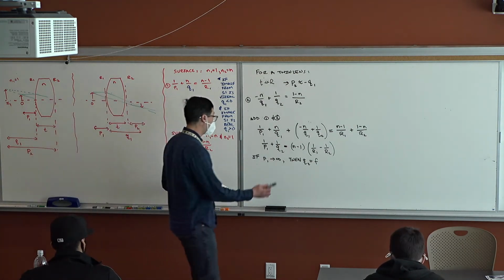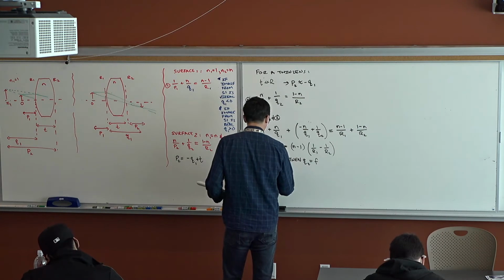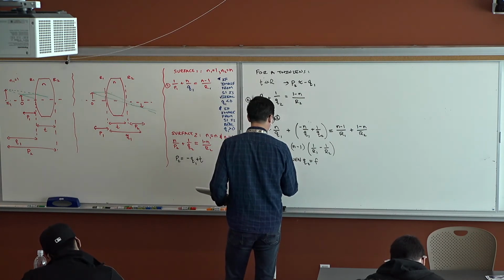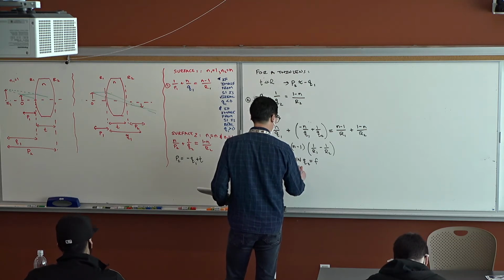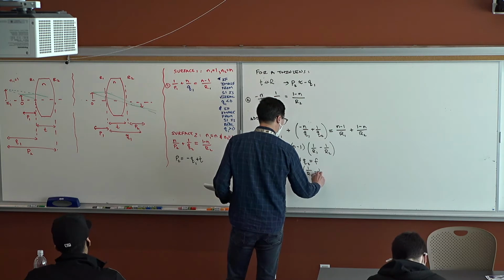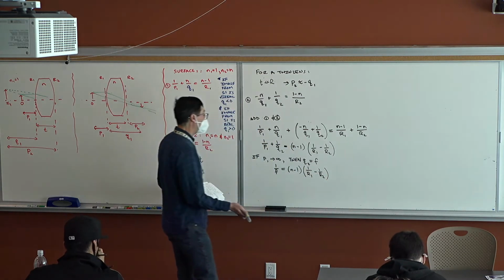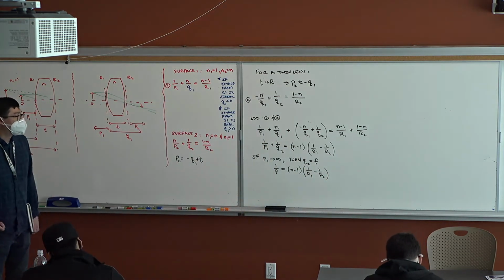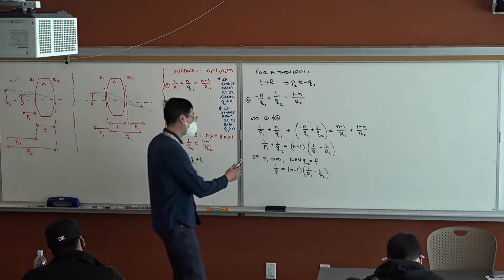And so we could say that 1 over F is equal to n minus 1 times 1 over R1 minus 1 over R2.